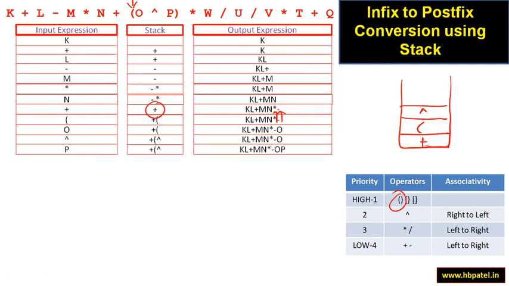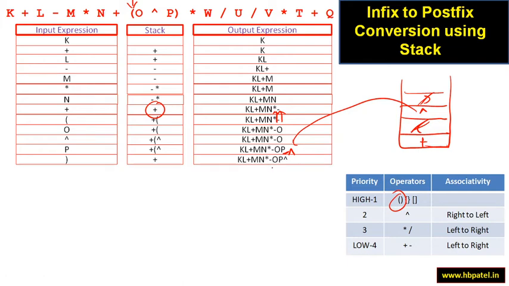Then next comes P, so P is put over here, and now next comes the closing parenthesis. So this and this will be nullified, and I'm going to pop this raised to and put it in the output. So now that raised to is put over here. If you look at this, I have only plus in the stack.